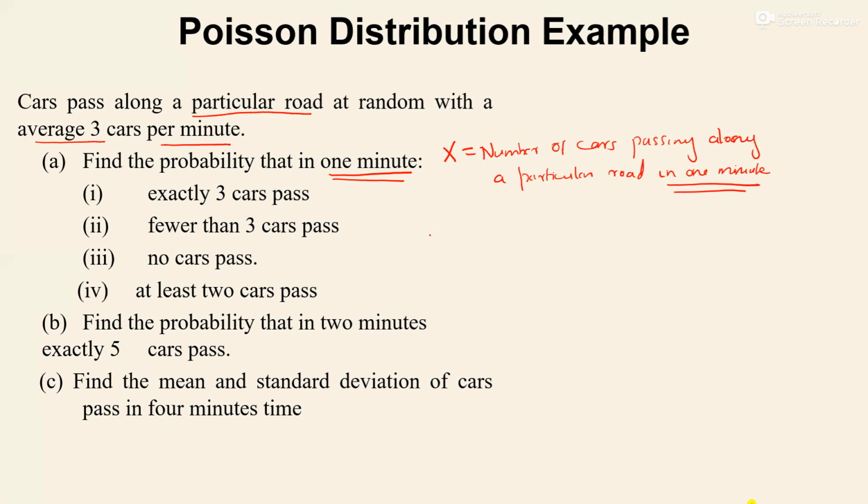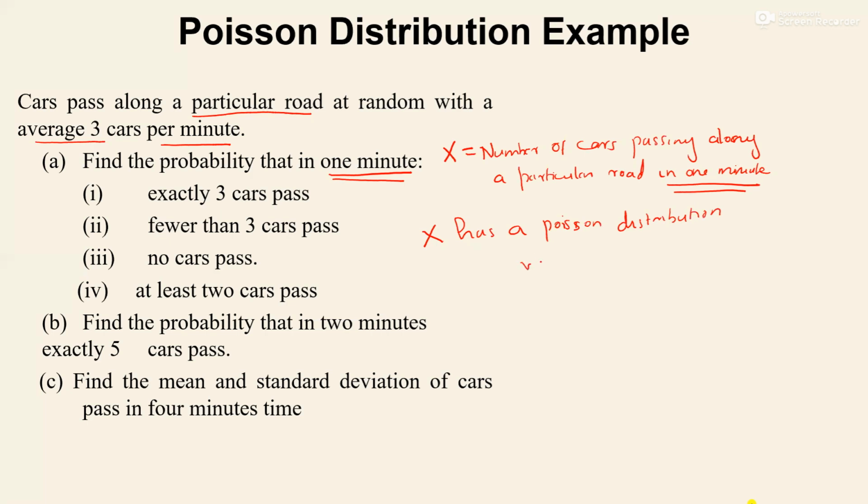Then X, according to the given scenario, has a Poisson distribution. Here you have to specify the parameter. What is the parameter?